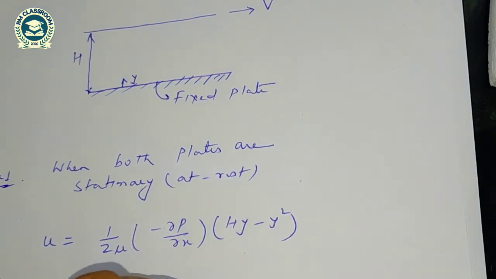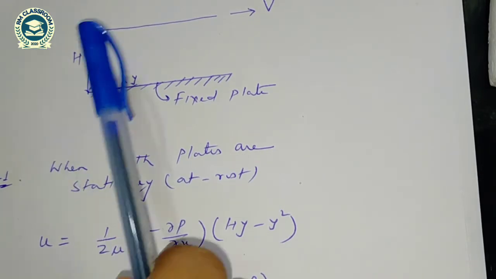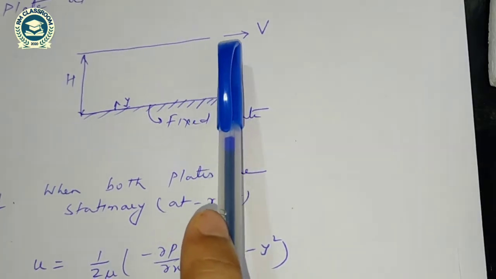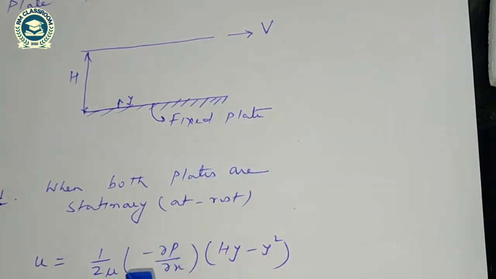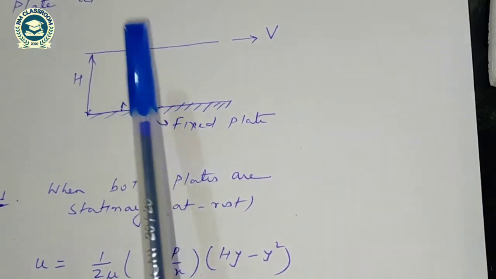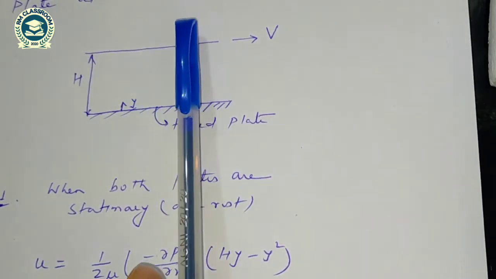And similarly the shear stress was minus del p by del x into (h by 2 minus y). But here one plate is fixed and the other plate is moving at a velocity V, so our expression will change, and the velocity will be this much plus the velocity due to the moving plate, which is V upon h into y.